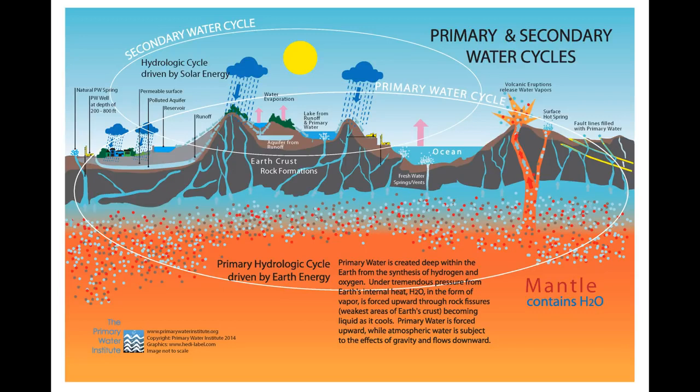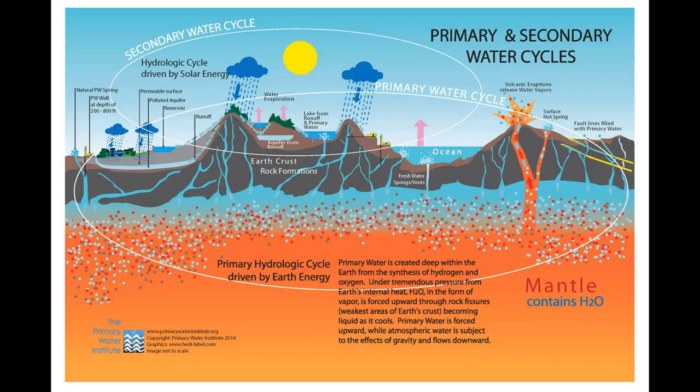It shows how the mantle of the earth contains H2O. We're going to be talking about the primary water hydrologic cycle driven by Earth's energy. Primary water is created deep within the earth from the synthesis of hydrogen and oxygen under tremendous pressure from the Earth's internal heat.